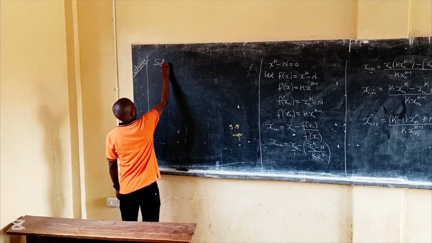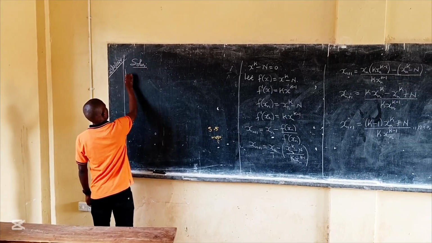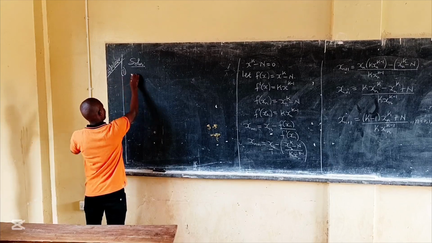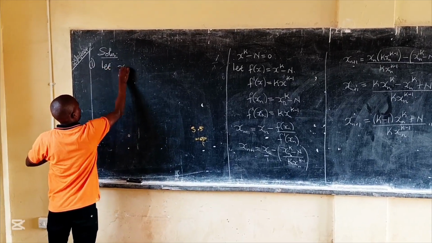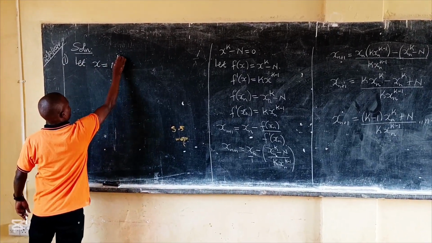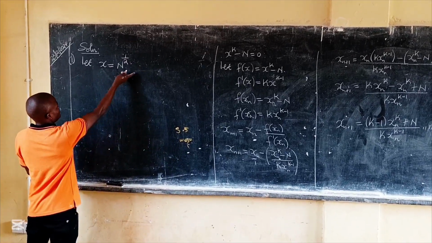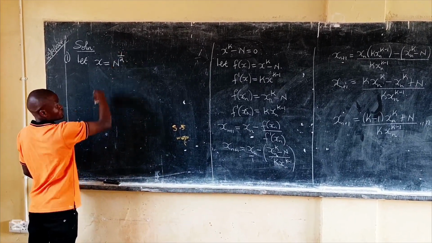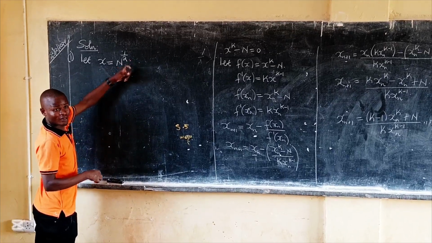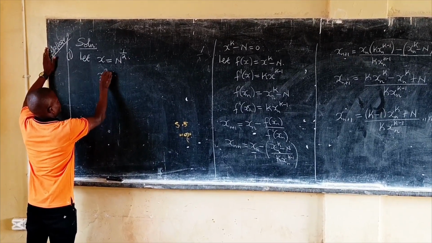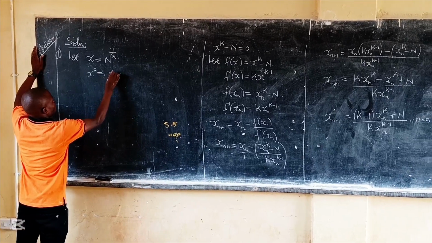So in our solution for Roman 1, we are going to simply let x take on the square root of n, which means x power half. And here we are going to try to remove the fraction on the power, and this will give us x power 2 on both sides, equals n.